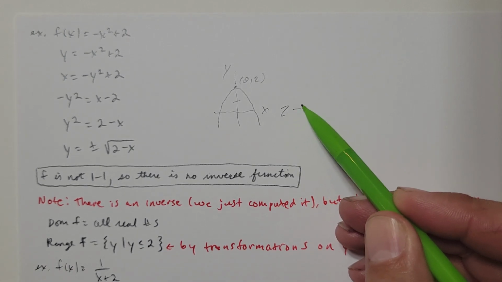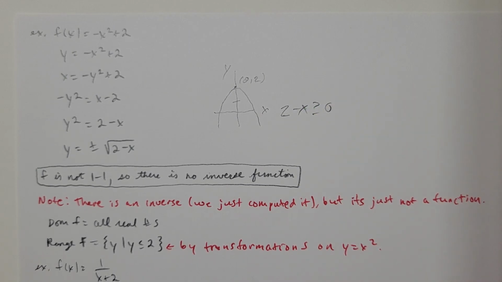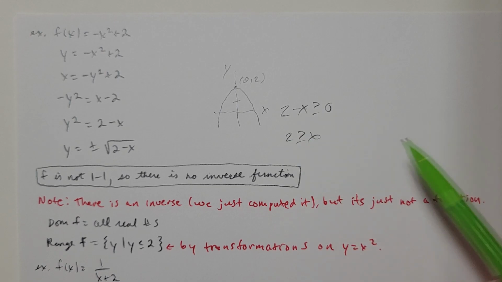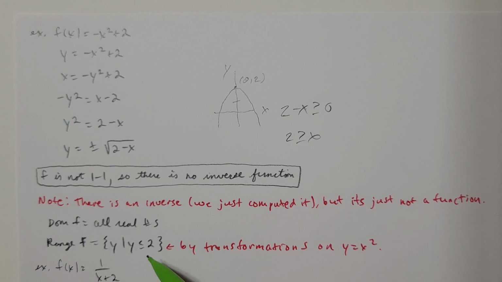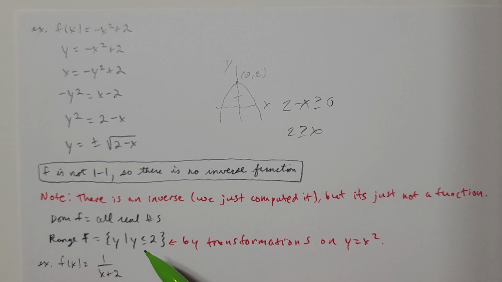So if I set 2 minus x to be greater than or equal to 0, so not a negative, and I solve that, it looks like anything that is less than or equal to 2 is going to be okay. Now, the only adjustment there would be to change x to y, because you're talking about the range of the function. But it's still going to be the same group of numbers. Anything that's less than or equal to 2 is the range. Okay?